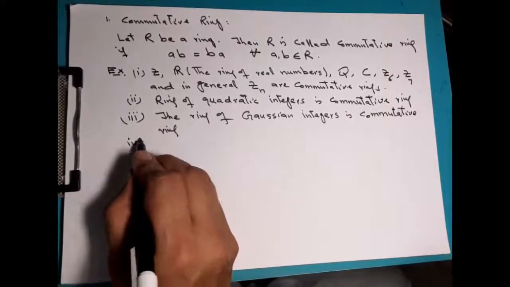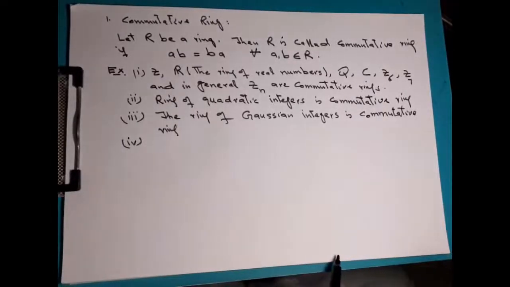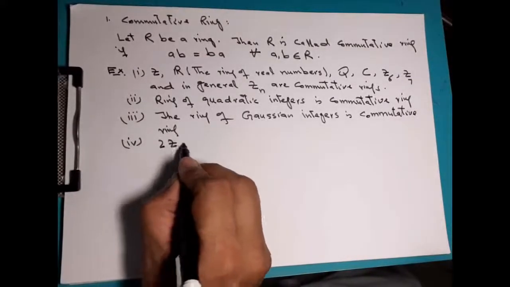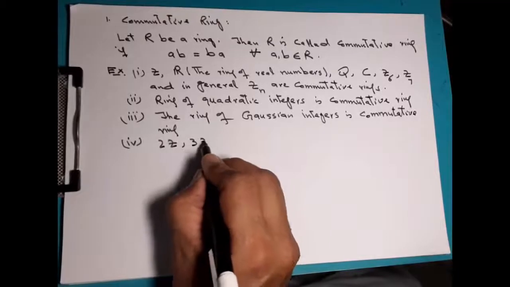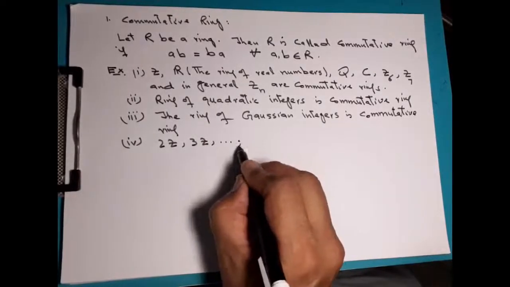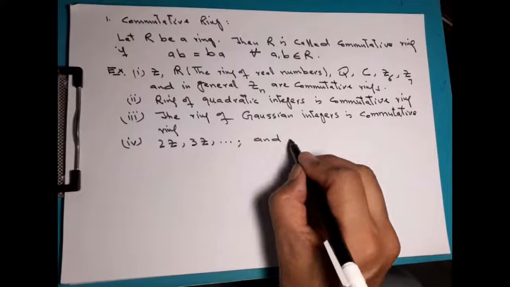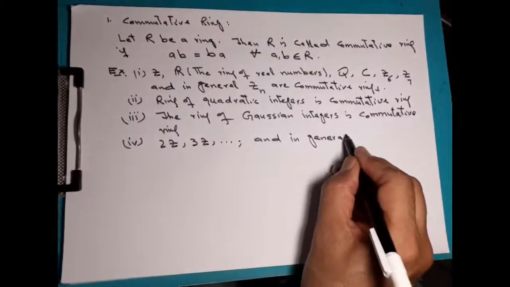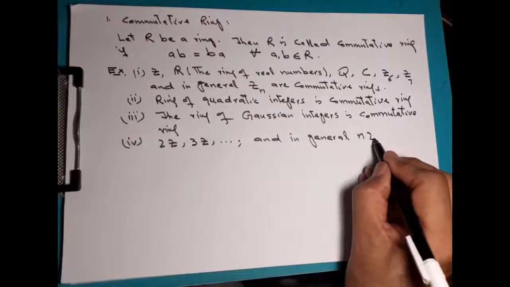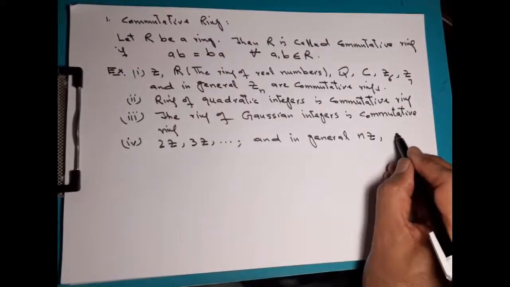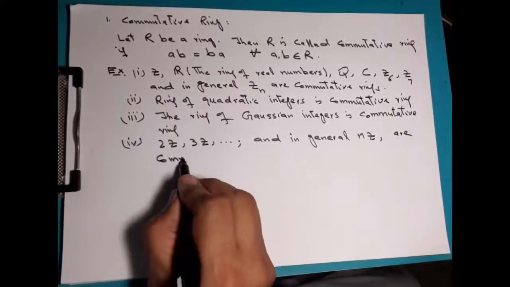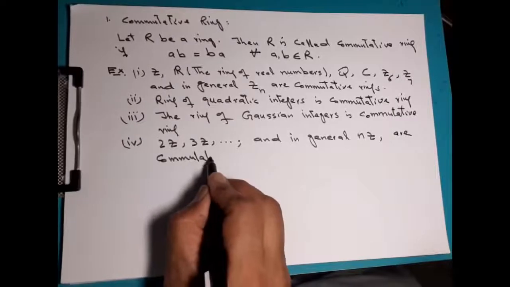And then the rings we have just discussed, that is 2Z, 3Z, and so on, and in general nZ. All of these are commutative rings.